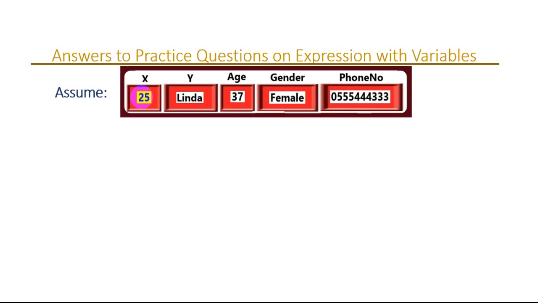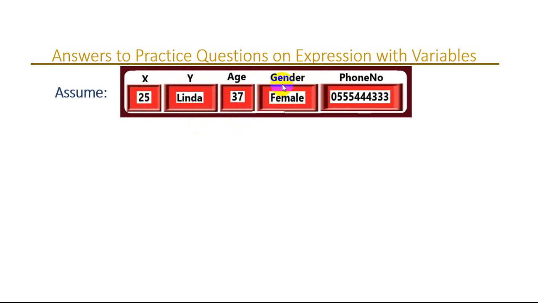So that is the main difference between the numeric data type and the alphanumeric data type. In this example, I am assuming x is a numeric variable, even though it can be an alphanumeric variable, and age also we are going to consider as a numeric variable. Now, y and gender cannot be numeric variables because they contain alphabetic characters. In y we have Linda, and inside gender we have female.